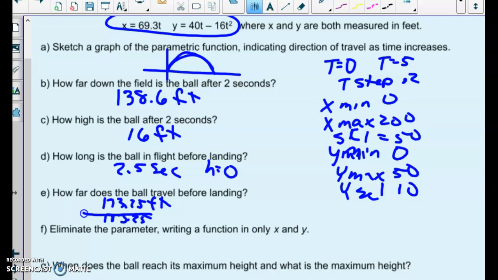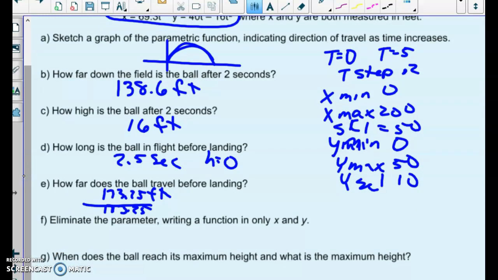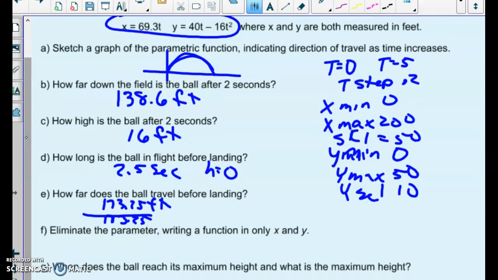So if we eliminate the parameter, write the function in x and y. When we do that, we have to solve one of them for t and move it into the other one. So if I solve this first one for t, I get x divided by 69.3 equals t.